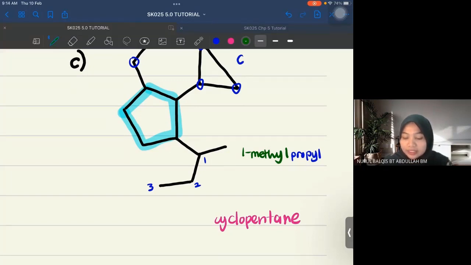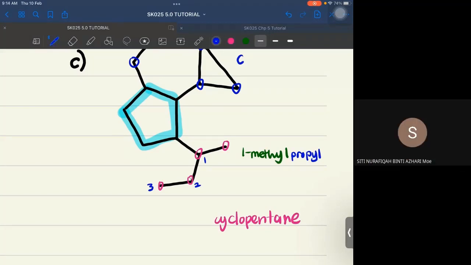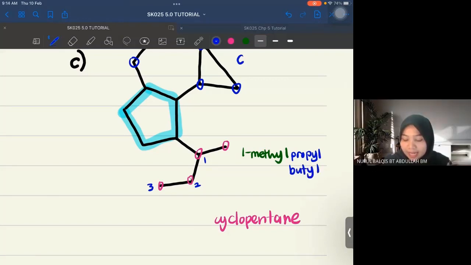If we use the prefix, let's check how. So now how many carbons do you have in total? 4, right? Yes. 4, what is the name? Butyl. Okay, butyl. And then look at the carbon there.